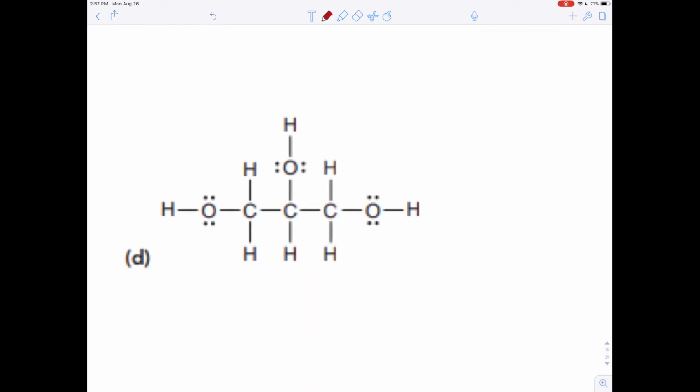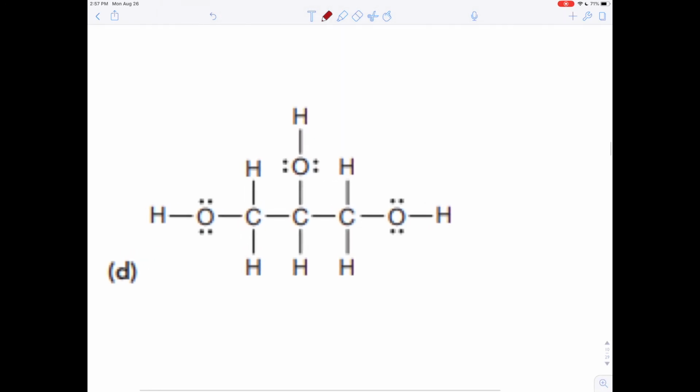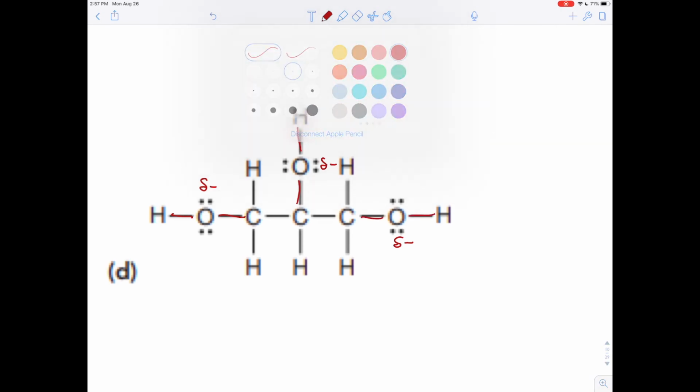How about this molecule? This is actually glycerol. It's the backbone for triglycerides, the fats, the way your body stores fats. So here, we want to look for the charges. We're looking for nitrogen, oxygen, fluorine, or chlorine, and I see oxygen in a few places. All of these oxygens are really electronegative. They're going to pull the electrons in bonds toward themselves and become slightly negative.